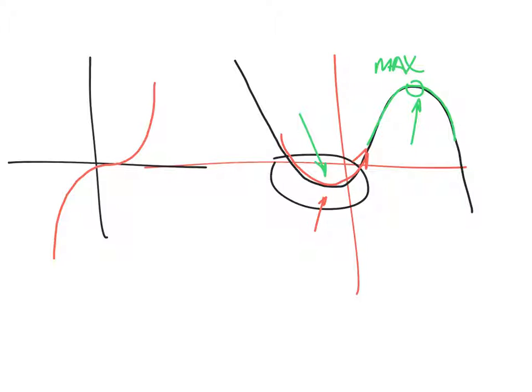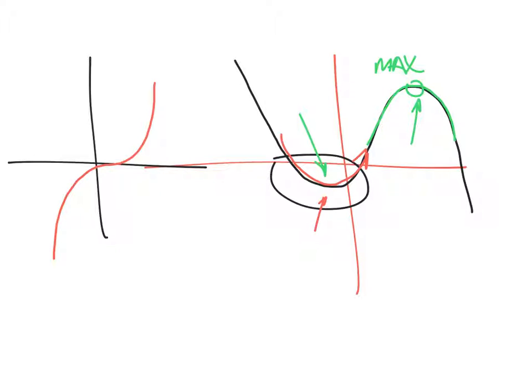Because again, it goes up, but we don't have a local maximum because it doesn't come back down. It just kind of evens out and then goes back up again. So there are 0 minimum or maximum points there. Okay, so we can have 0 or 2 for a cubic function.